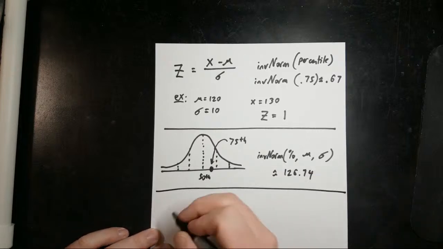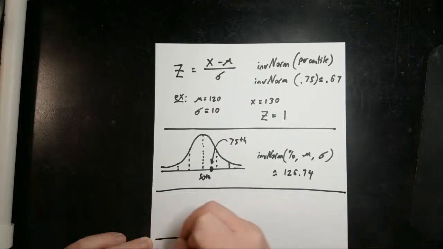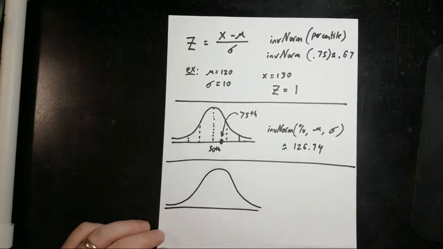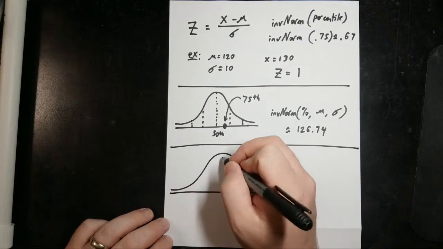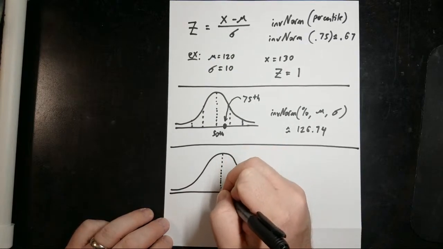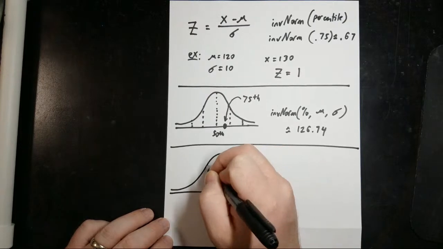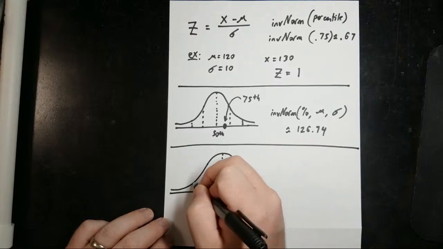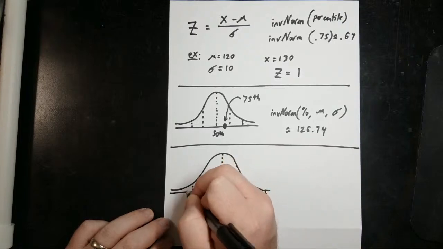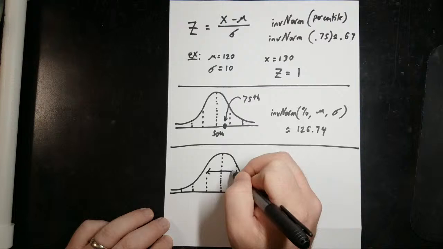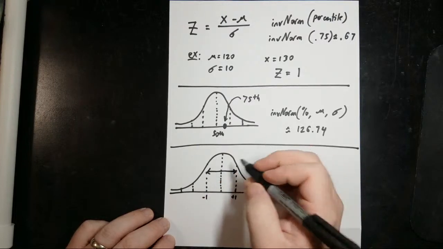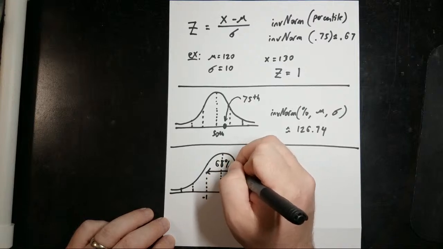I'll do a few more things with the normal curve before I go into linear regression. If we were talking about the empirical rule, basically if you have data that is normally distributed, between -1 and +1 standard deviations you would have 68% of the data.